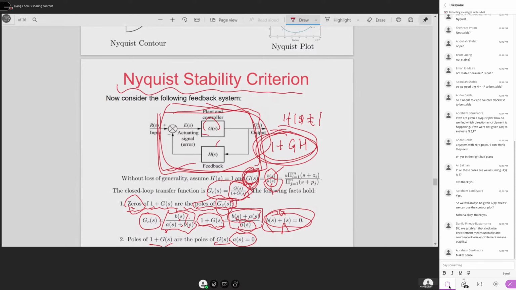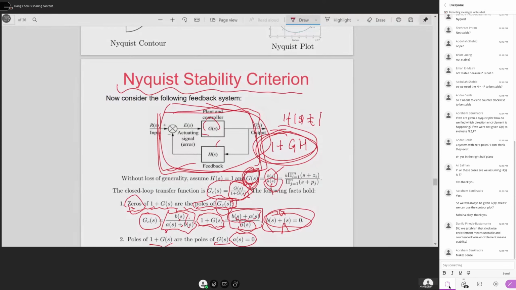All I can say is that if you see the counterclockwise encirclement happens, then stability is possible, but not necessarily, because counterclockwise encirclement is a necessary condition, but it's not a sufficient condition, because you need to match that N equal to minus P. If that condition is not matched, then even if you see the counterclockwise encirclement, the system could still be not stable. You see what I mean?